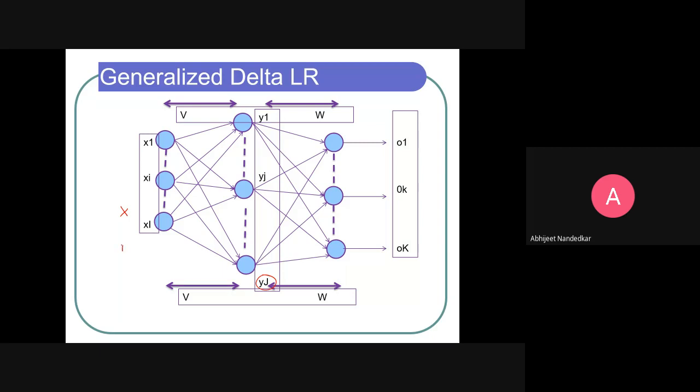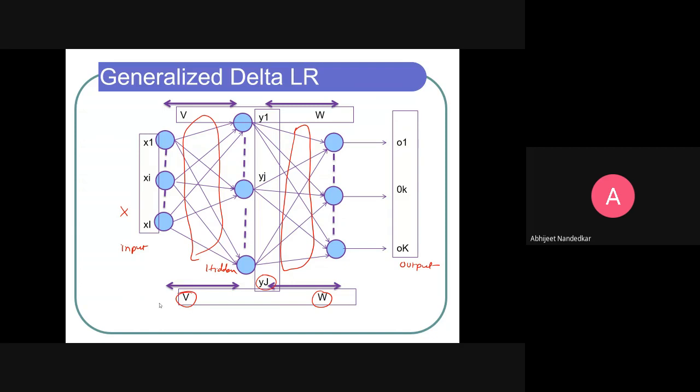So this is input, this is the output layer, and this is hidden. Now the weights associated with the output layer I will call the W matrix, and the weights associated with the hidden layer I will call the V matrix.